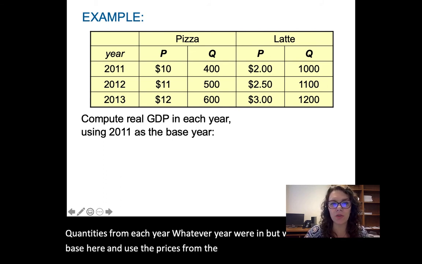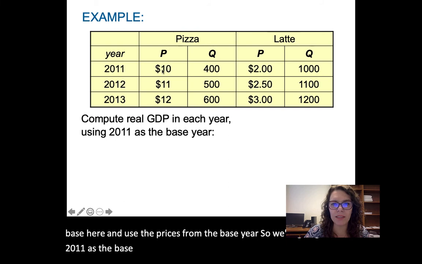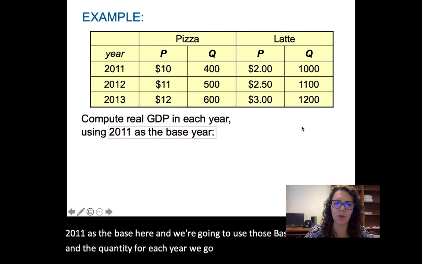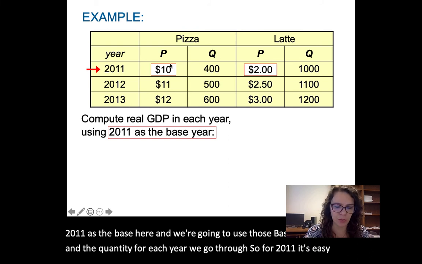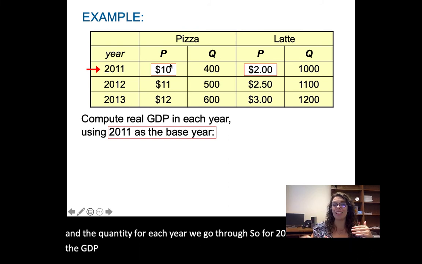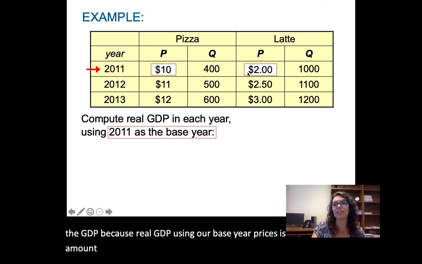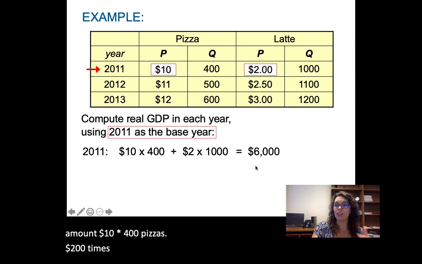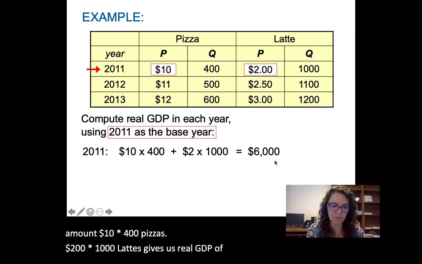So we're going to use 2011 as the base year, and we're going to use those base year prices and the quantity for each year we go through. So for 2011, it's easy to do the GDP because real GDP using our base year prices is that same amount, $10 times 400 pizzas, $2 times 1,000 lattes gives us real GDP of $6,000.